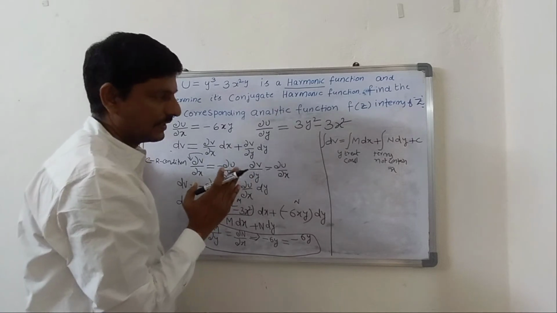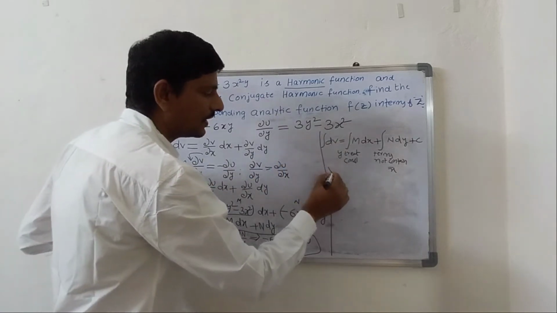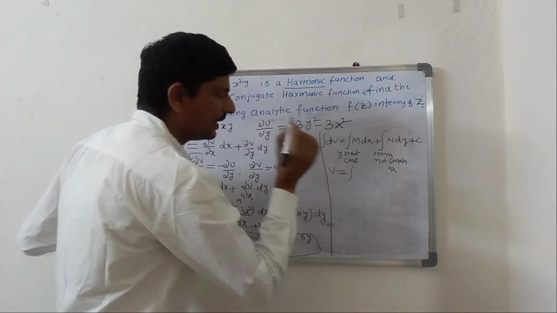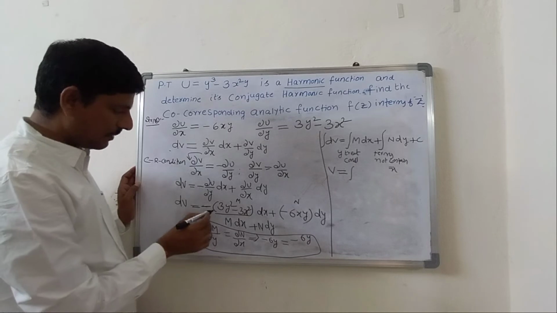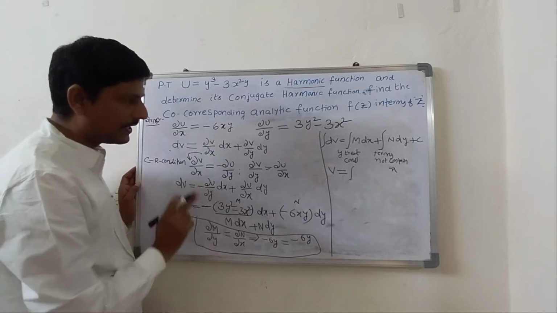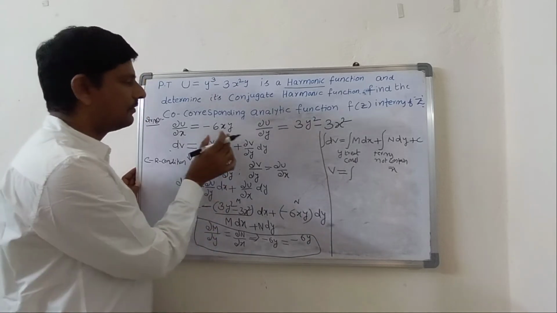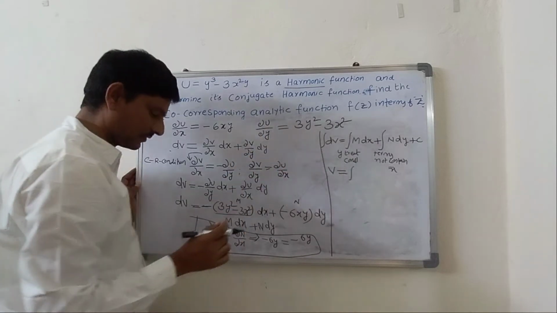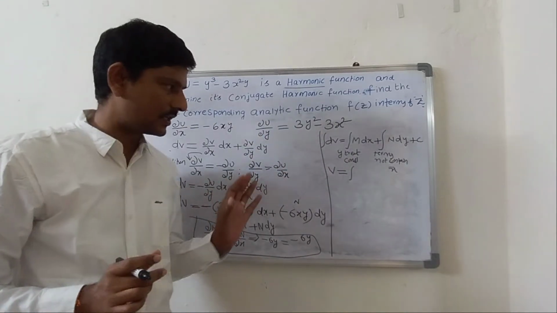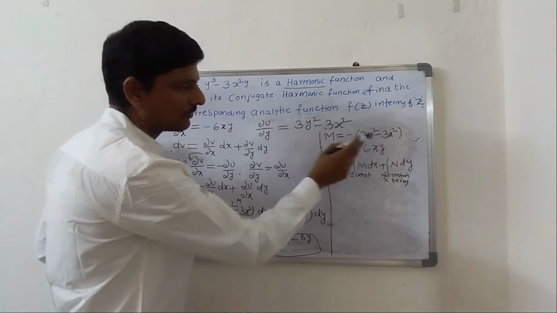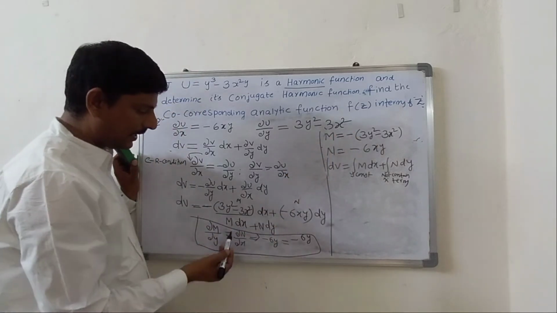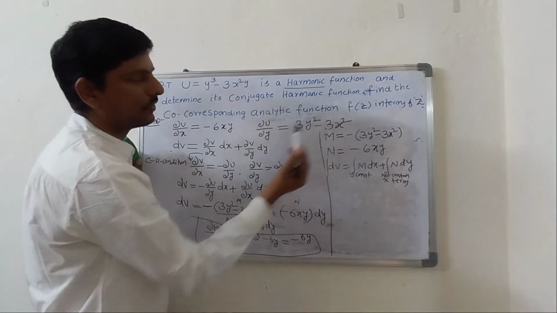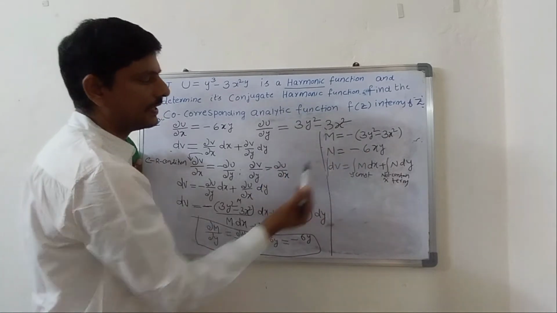Okay. Now integral dv is nothing but v, that is equal to integration of m dx. What is our m? Comparing this expression with m dx plus n dy, our m is minus of 3y² minus 3x², and n is minus 6xy.